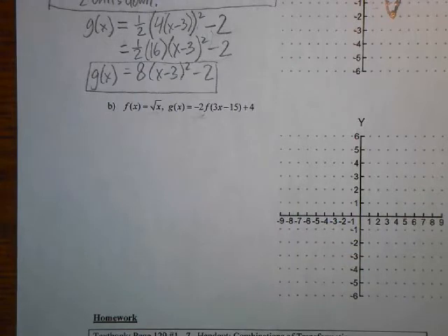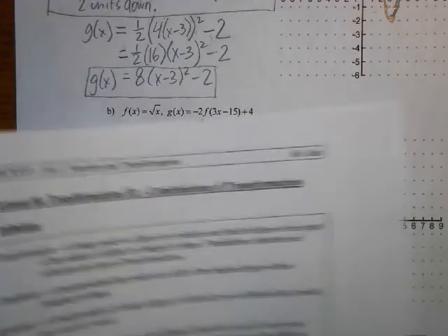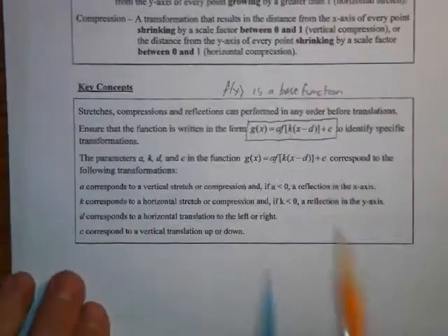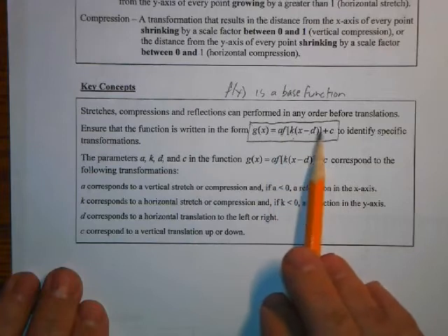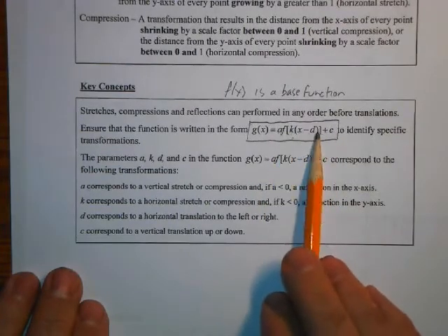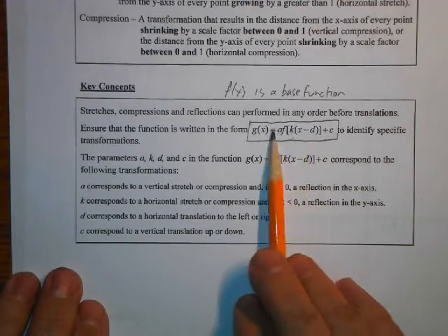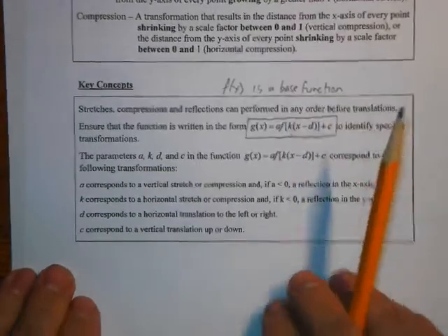Now if you just remember for a second, if we go back to the initial notes, when I put this box around, this is really important that you remember what this looks like. What I want you to key in on is what's in the input. So f of what? It's always f of k bracket x minus d.